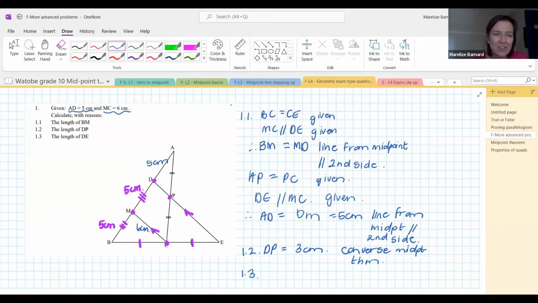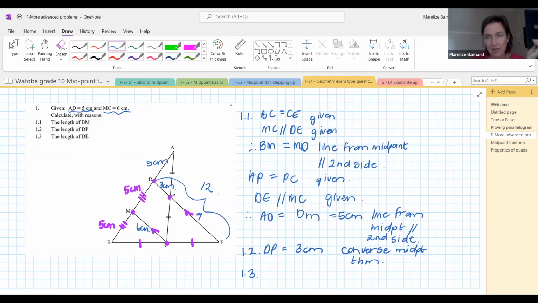And then the length of DE. So if this is 3, then we need to figure out, okay, so that's 3. MC is 6, so the whole of DE is going to be 12.